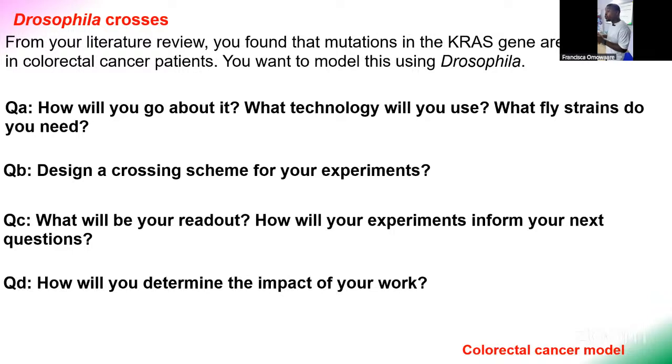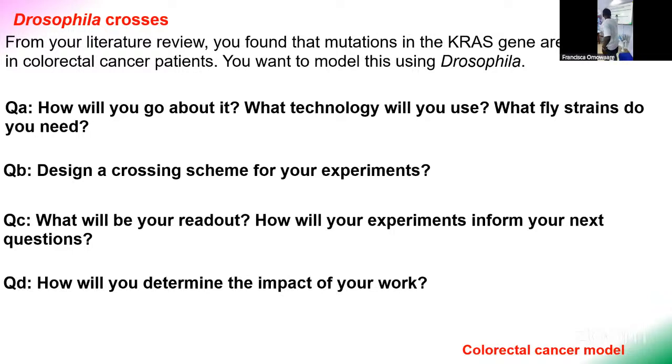So that's the first question you want to ask: what type of mutation is this? Because that's the only way for you to model it in flies. If you don't know the effect of that mutation, then we're wasting our time. Okay. So that's the first thing.